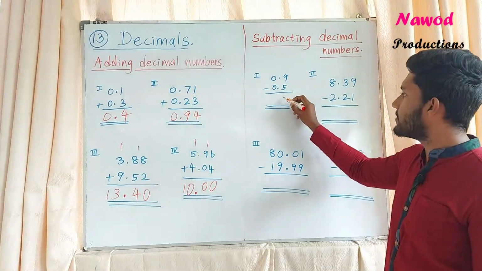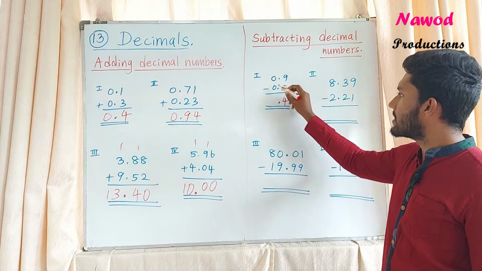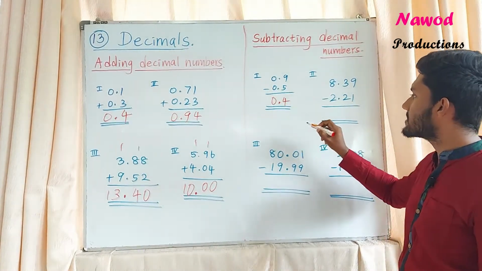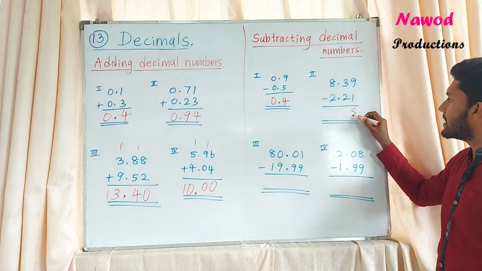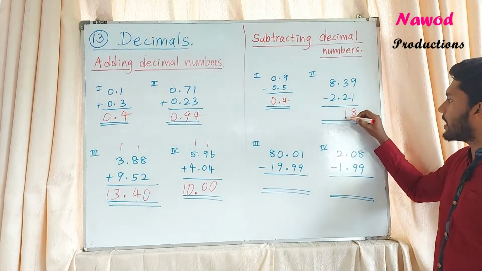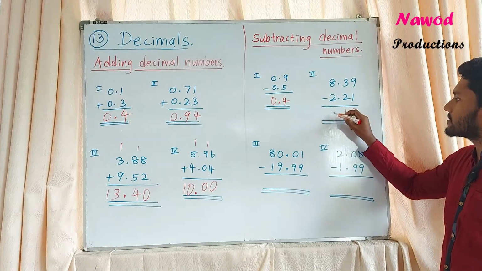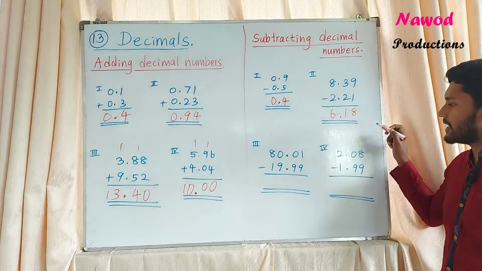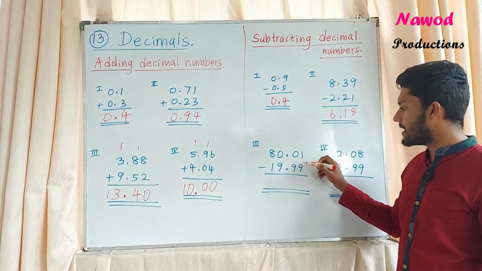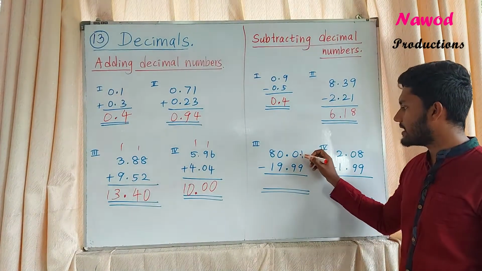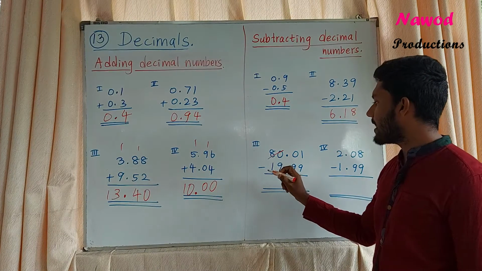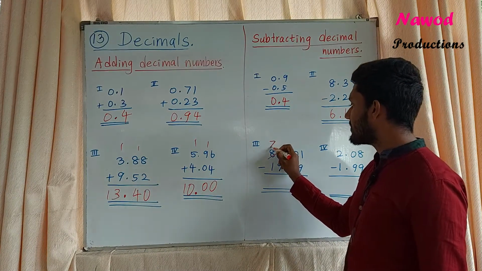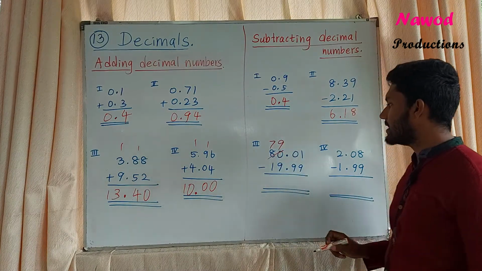9 minus 5, 4. 0 minus 0, 0. 0.4 is the answer. 9 minus 1, 8. 3 minus 2, 1. 8 minus 2, 6. 6.18. Here 1 minus 9 we can't do. Then here we also don't have anything. Then here getting 1, 80, 79 is happening in here.